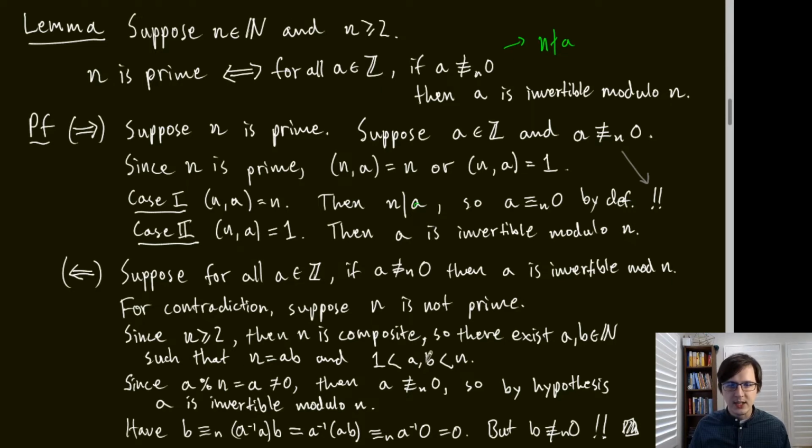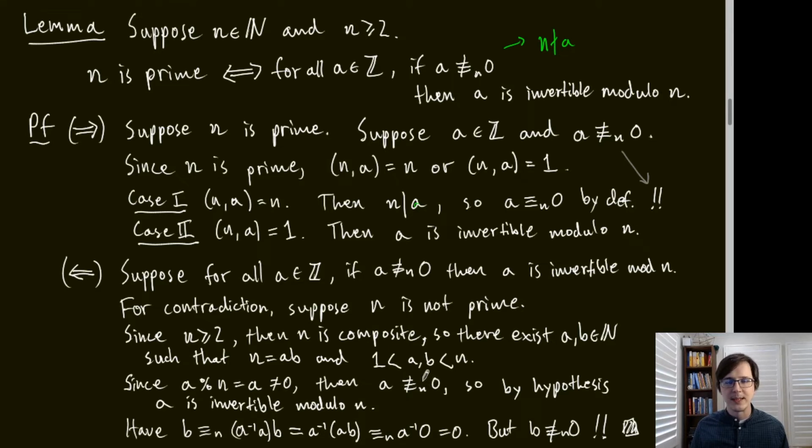One thing we can check is that the remainder of a by n after division is a, because it's already a remainder. It's in the right range. And it's not 0, because a is a residue that is not 0, which means a is not congruent to 0 mod n.